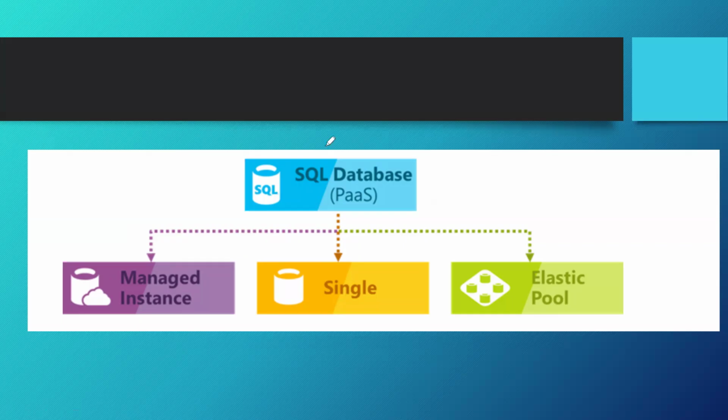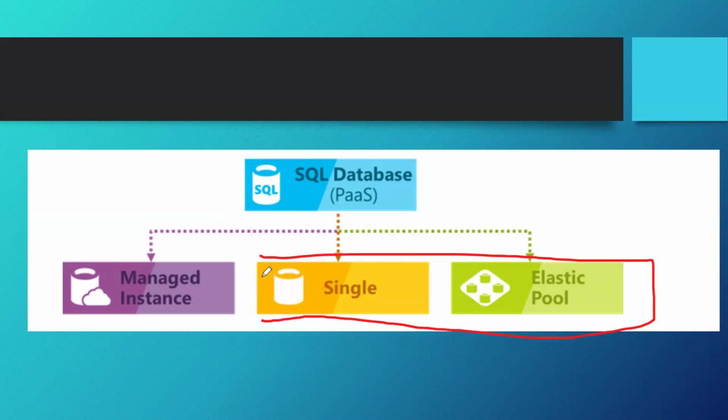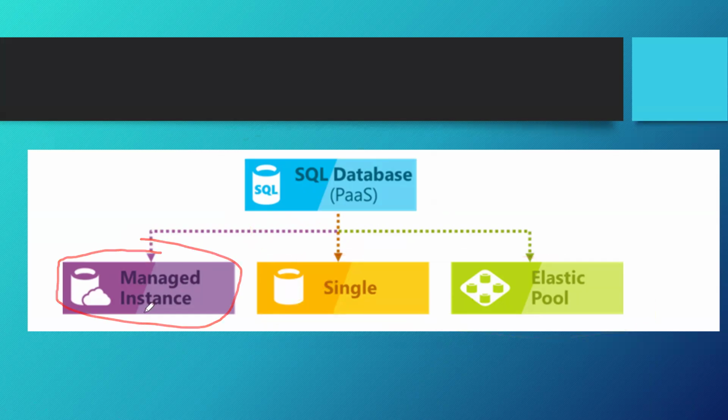In the PaaS model, it is divided into two parts: the elastic pool and single DB model, and then the managed instance model. So we are going to see the differences between the managed instance and Azure SQL. I hope this is clear for you guys, and there will be no doubt.